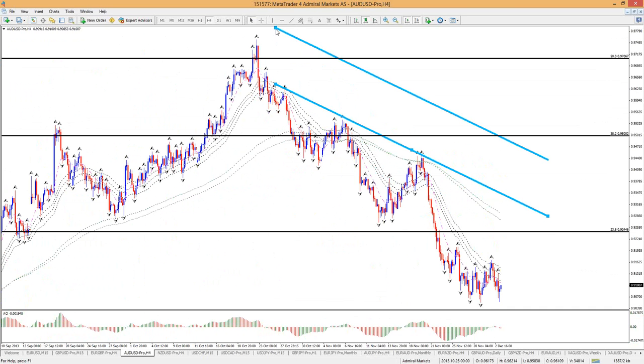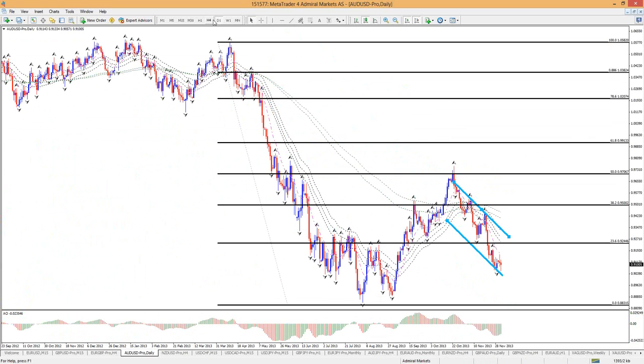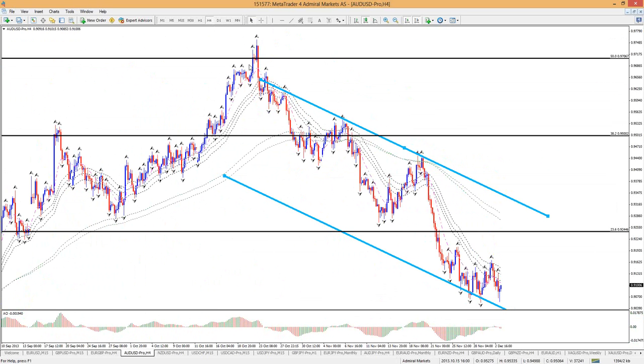Connect these, roughly these tops and these bottoms here. Something like this could be a potential channel. And the price has been underneath the band very nicely. We had good breakout trades here and here. This is a bit choppier.